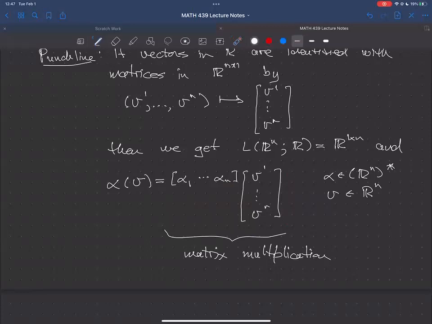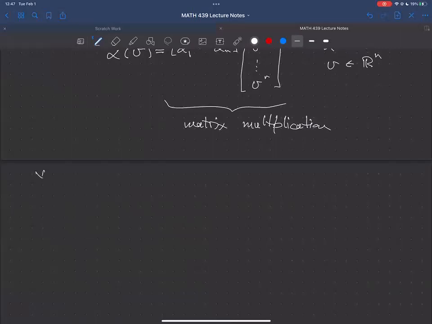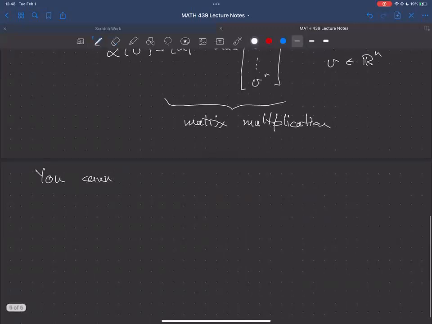Now there's a caveat here. And this is where the potential confusion comes from, your familiarity with this example, and maybe you're overly familiar with this example.